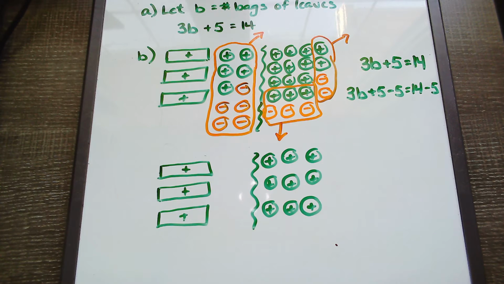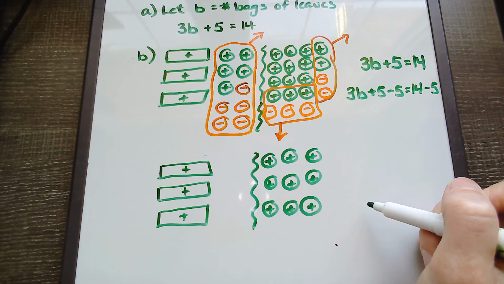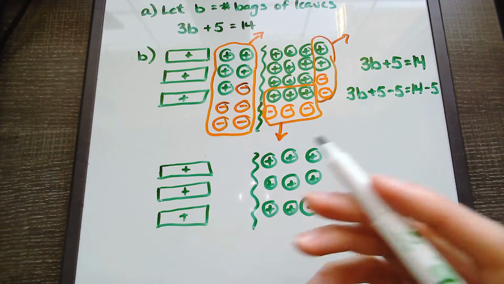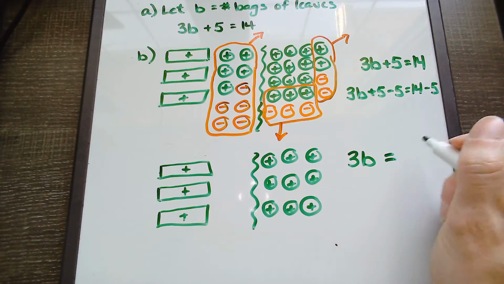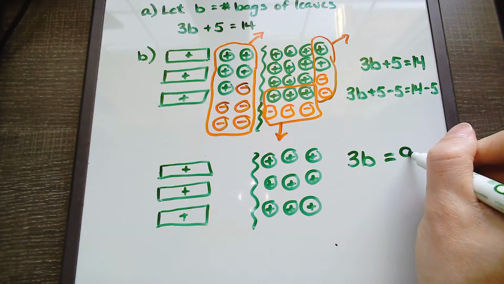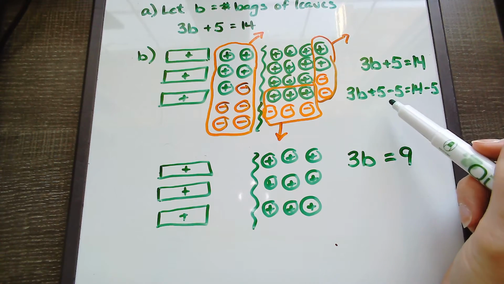The way that I would record this algebraically is I'm going to have 3b is equal to 9.